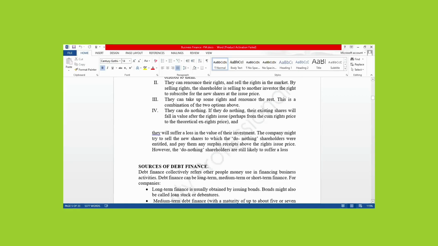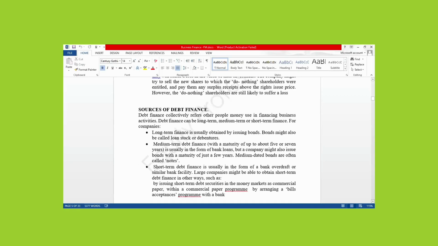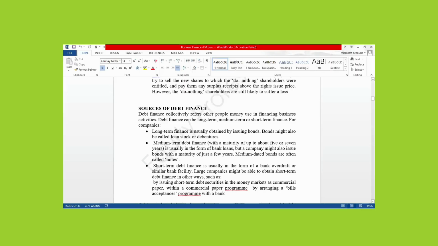We now look at long-term debt finance. How can companies source money using borrowing on a long term?